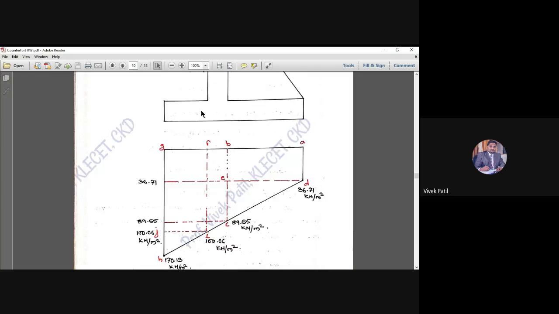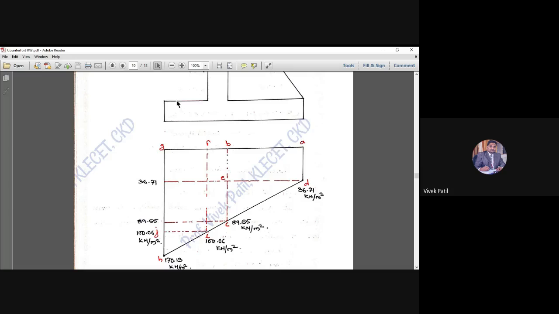Before that, we have to consider the dead load of this particular portion, the toe portion. What is this length? 1 meter. And the overall depth of the toe, whatever we have provided? 0.315.